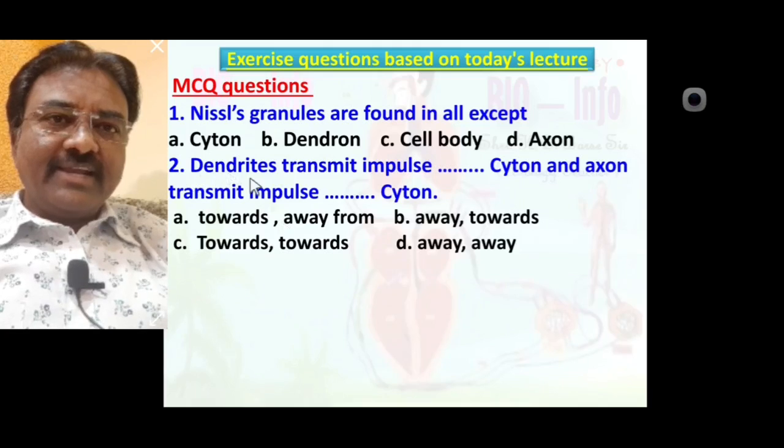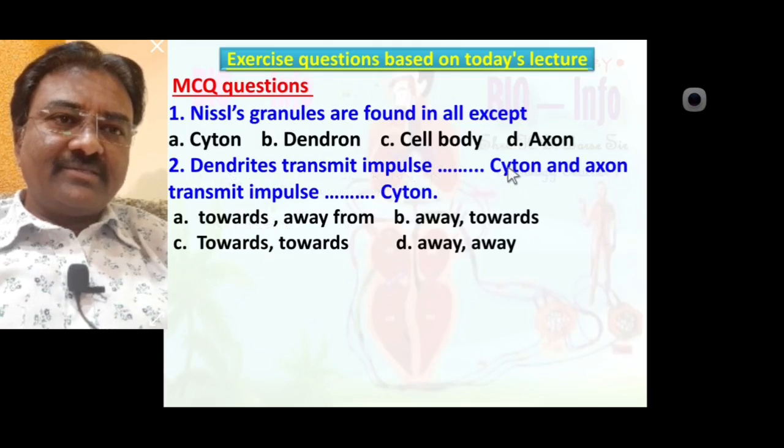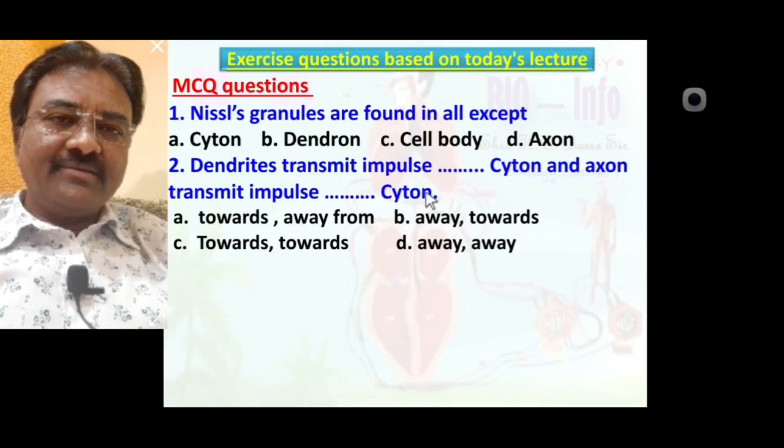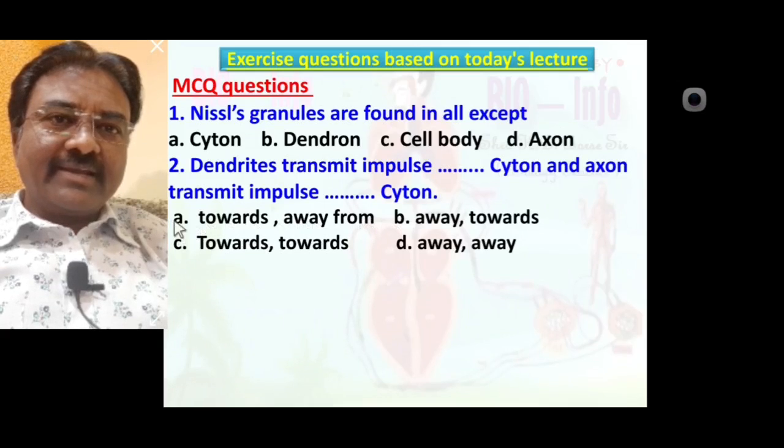It means dendrites transmit impulses towards the cyton and axon transmit impulses away from the cyton. So the correct option is A. Dendrites transmit impulses towards the cyton and axon transmit impulses away from the cyton.